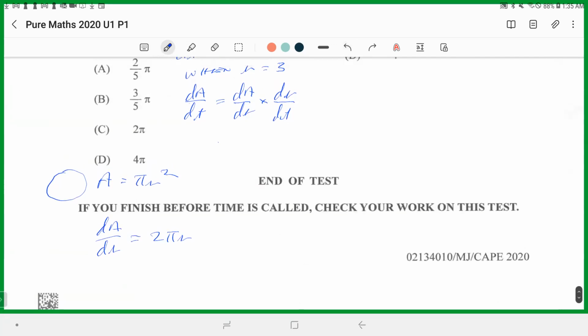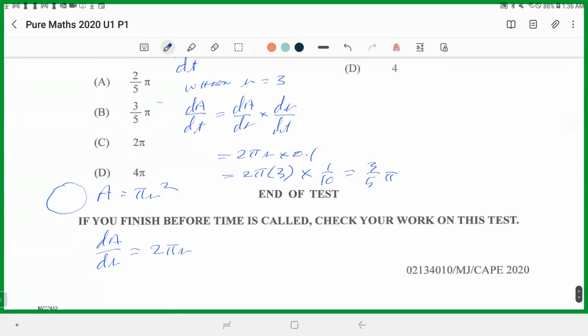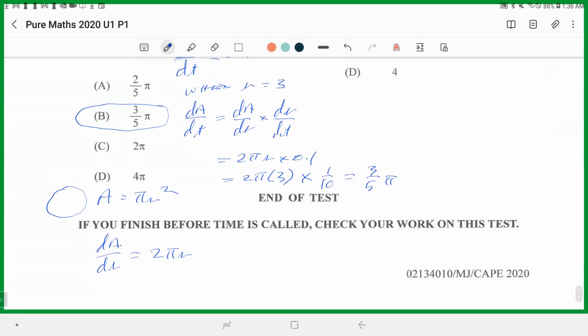So we're going to get 2 pi r times 0.1. Remember the r is 3, right? So it's going to become 2 pi times 3 times 0.1, which is 3 over 5 pi. So, all right.